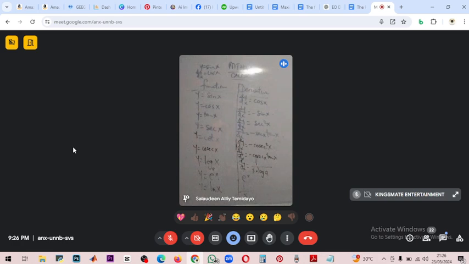So I'm going to read everything repeatedly now. 1. When y equals sine x, then dy/dx equals cos x. When y equals cosine x, then dy/dx equals minus sine x. When y equals tan x, then dy/dx is sec squared x.